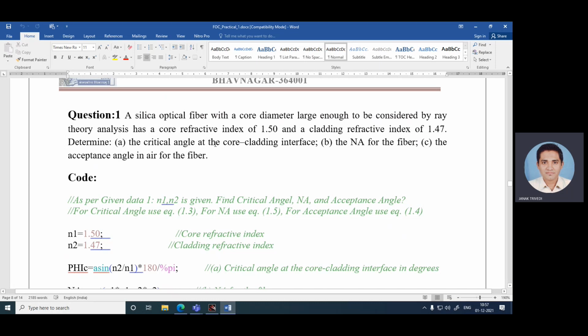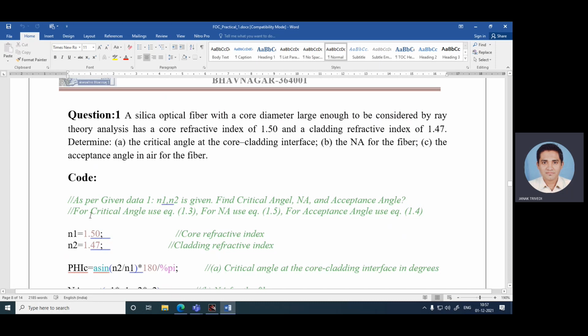Determine the critical angle at the core-cladding interface, the numerical aperture of the fiber, and the acceptance angle in air for the fiber. So n1 and n2 are given, and we have to find the critical angle, the numerical aperture, and the acceptance angle.